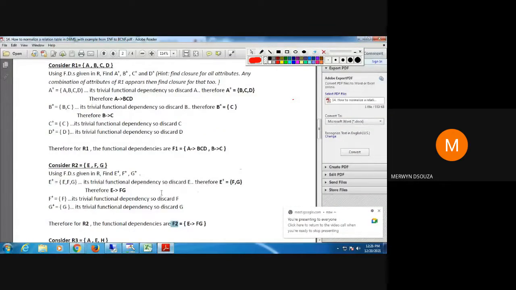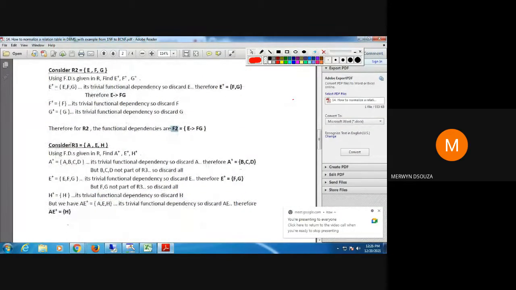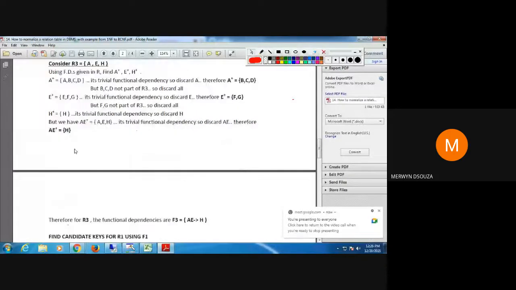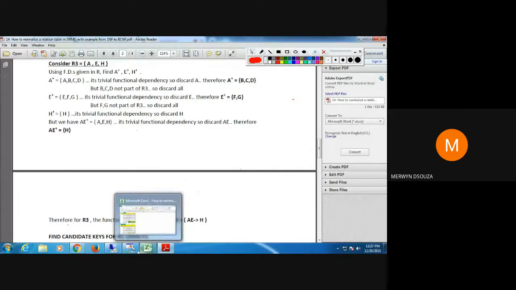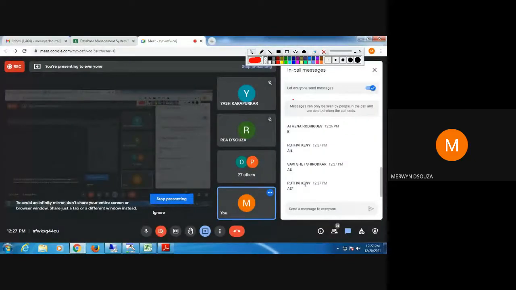It will be E. Can you find out for R3 similarly? Yes, it will be AE.